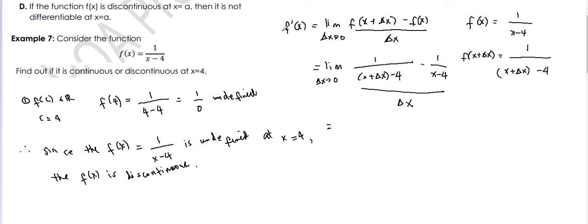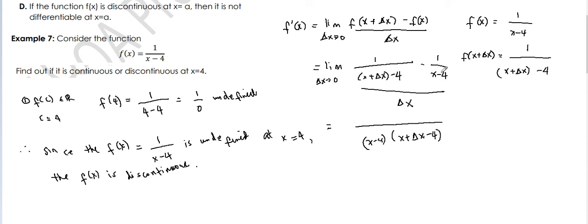Divide muna natin yan. So, we will have, pag multiply natin to, our denominator would become x minus 4 and x plus delta x minus 4. Okay, so yan yung ating magiging denominator. Dahil wala silang similar term, kaya ganyan yung mangyayari.